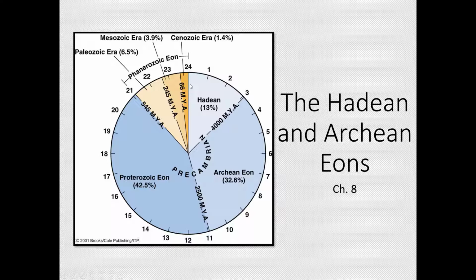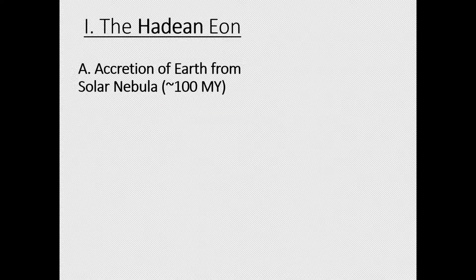So let's get started. We're going to start with the Hadean Eon, of course, which is the very earliest formation of the Earth. And we learned in a previous chapter that that begins with the accretion of Earth from our solar nebula.